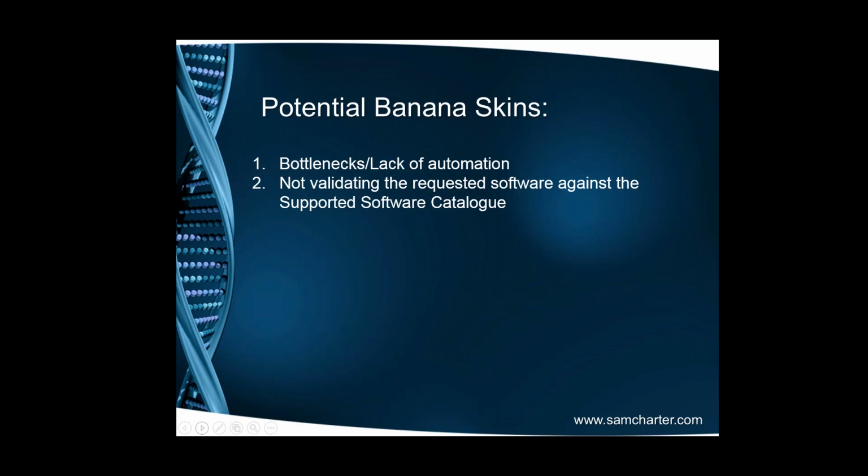Do not underestimate the value of a supported software catalog. Not having an approved channel for requests. Like lack of automation or absence of a catalog, this could result in requests being sent from pillar to post, causing some major delays and unhappiness, and possibly eventually leading to software just being installed without ensuring that all I's are dotted and T's crossed.